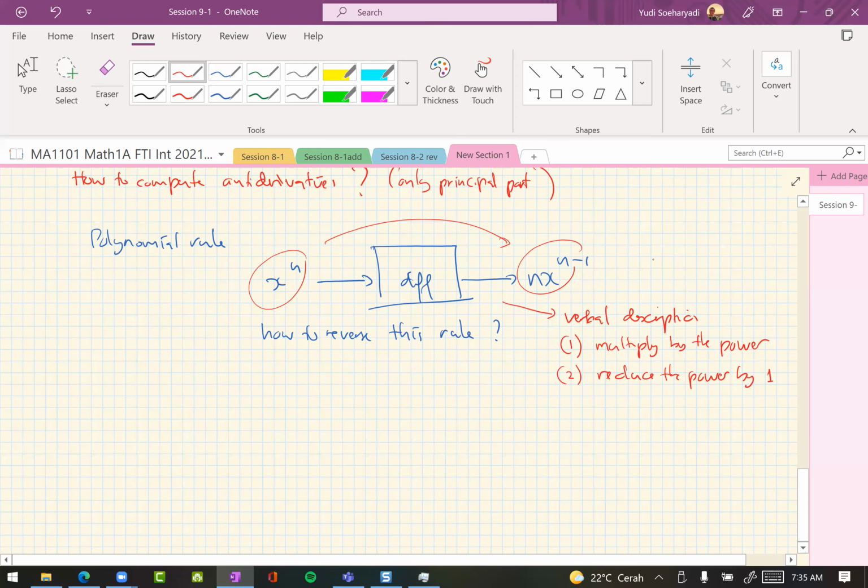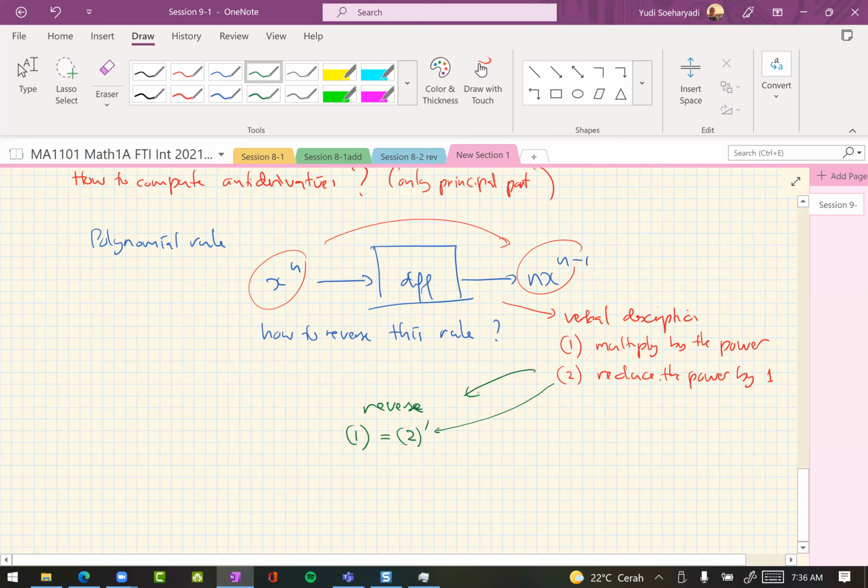Just looking at this here. Reverse. Of course, if you reverse, then you start with step 2, and the reverse of step 2.